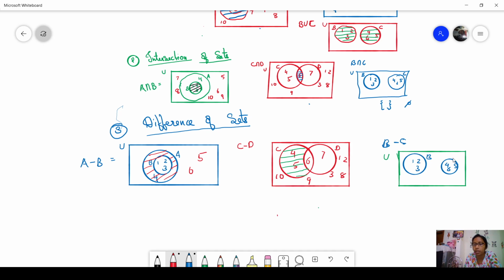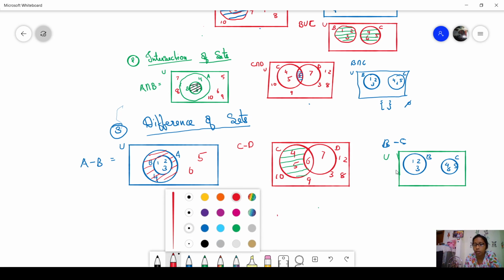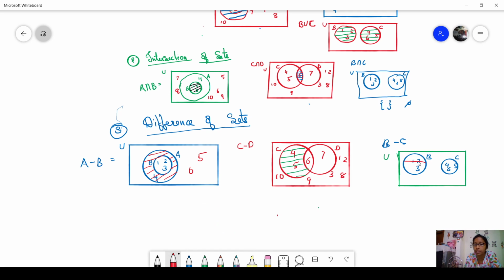So this is B and this is C. Now from B, if any common element is there from B and C, that has to be taken off. But they are disjoint sets. Because they are disjoint sets, our B minus C will be this one.